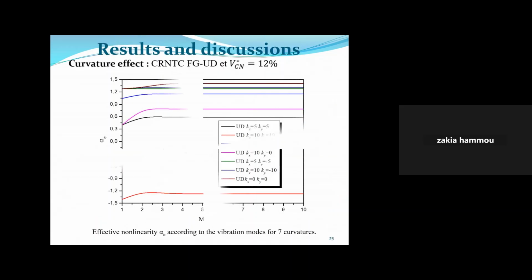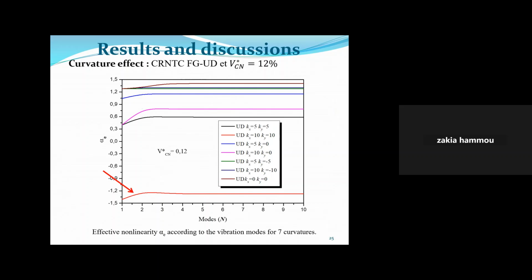To explain the influence of curvature on the effective nonlinearity, we have shown alpha E as a function of the number of modes, plotted for the uniform distribution of FGCNTs and for 12% fibers.